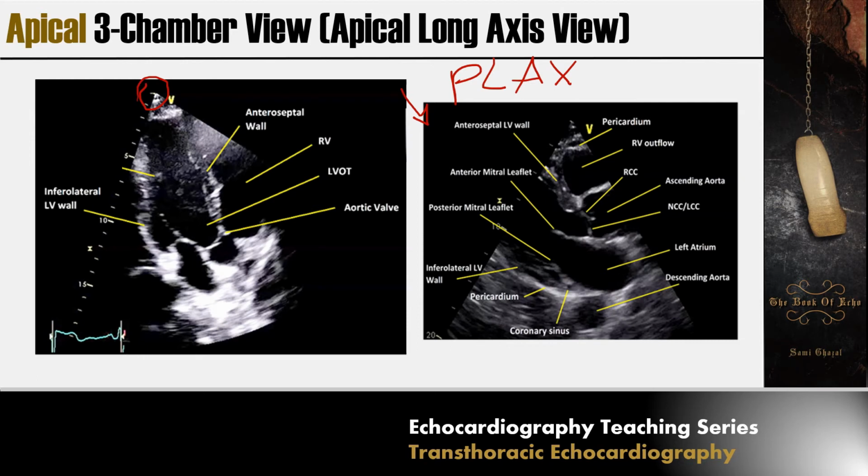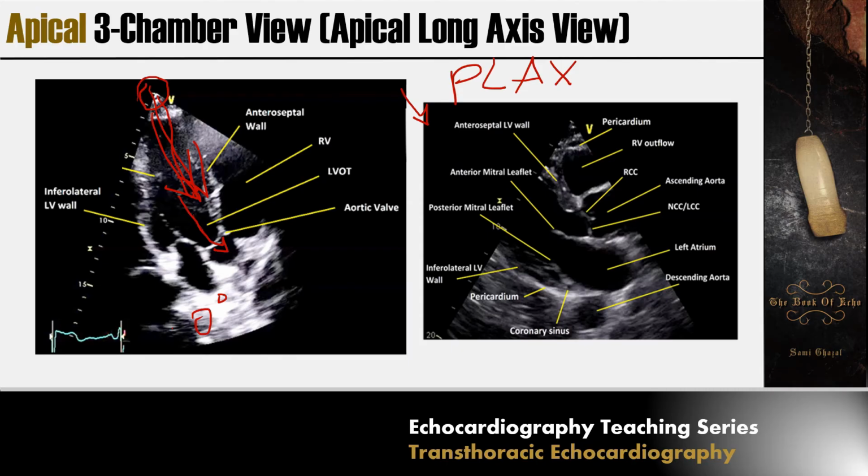One advantage of this view is the orientation of the ultrasound beam. So if you have the flow going to the LVOT here and you measure the Doppler, your ultrasound beam will be parallel to the flow. It means the angle of incidence is around 0 degrees. So you have no problem here.